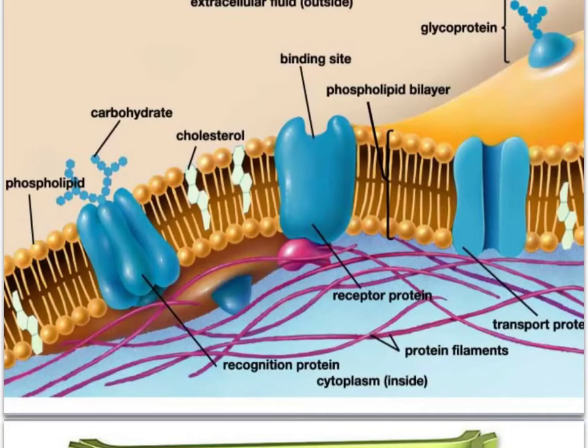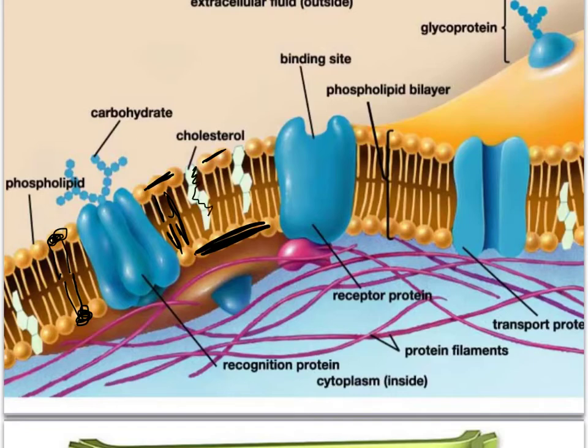Here's a picture of a plasma membrane, or a cell membrane. What you notice about this cell membrane is that each of these things, this one with these little tails and this one with these little tails, that's the phospholipid bilayer. So all this and all this and all this with their tails coming down here, that's a phospholipid bilayer.